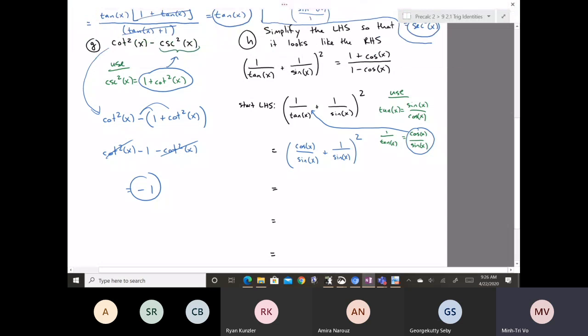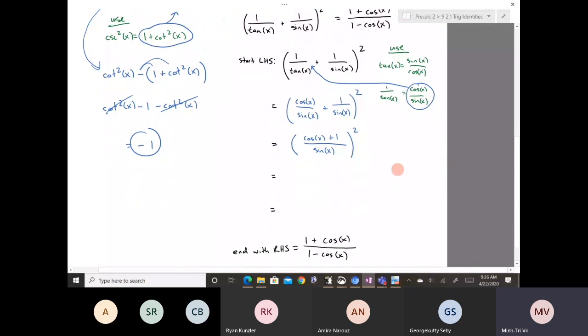So I can just add them together. All right, so what does that become? Cosine plus 1 over sine. And then this whole thing squared. So I have this.